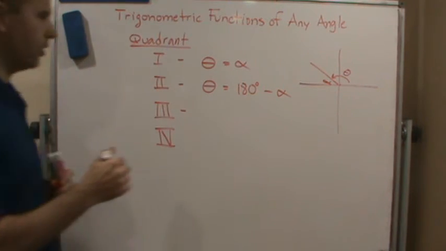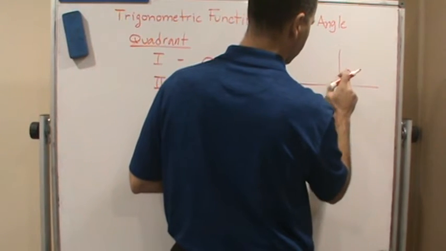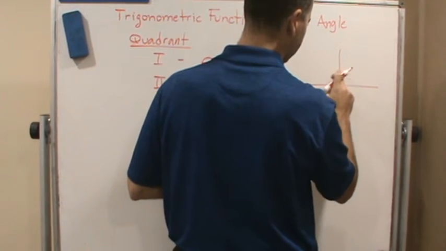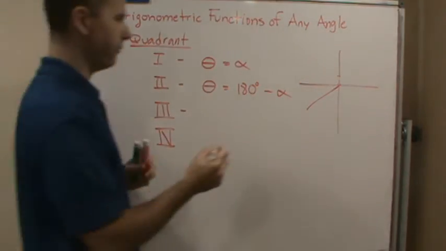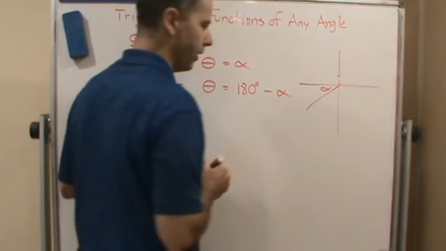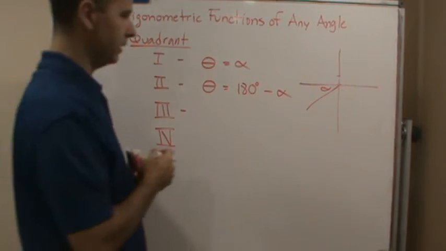Now, what about in the third quadrant? We're just going to draw our line in the third quadrant. Now our reference angle is here. The reference angle always makes the angle between the x-axis and the terminal side. So alpha, our reference angle, is here.